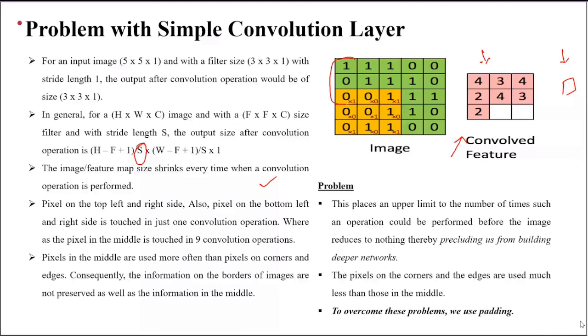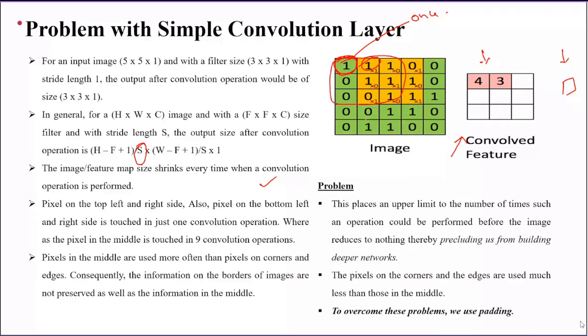By taking this patch, the weighted average is calculated, but this particular pixel, the pixel on the topmost corner, will be involved in the convolution operation only once. Similarly, here also it is involved only once. Maybe here it is involved twice, here once. This pixel is involved only once in the convolution operation.